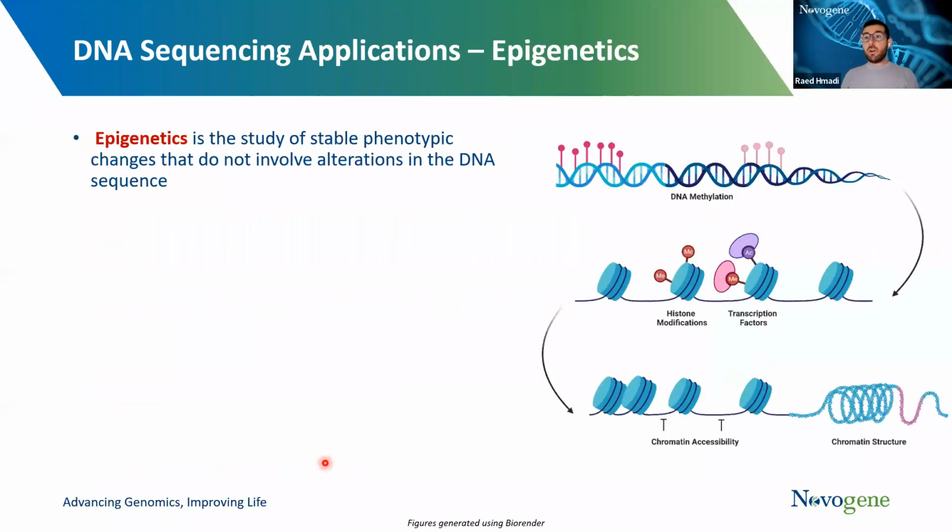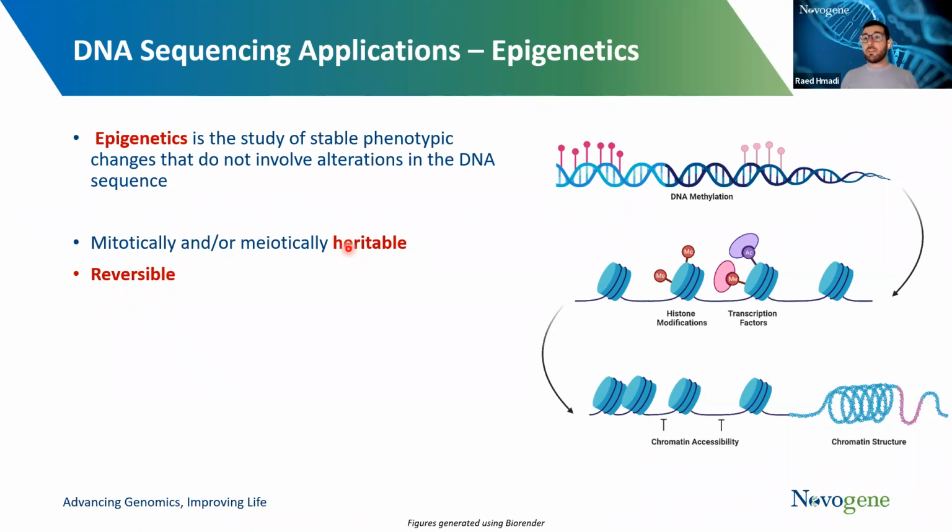And finally, one major field of research that can really benefit from DNA sequencing is epigenetics. Epigenetics is the study of stable phenotypic changes that do not involve alterations in the DNA sequence itself. Epigenetics as a system has two main characteristics. The first one is heritability.